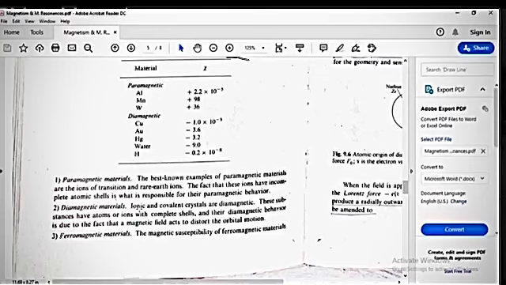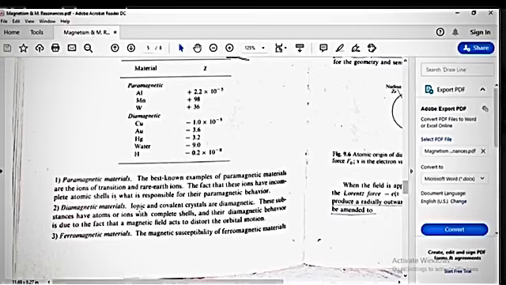So we see that in paramagnetic materials there are unpaired electrons in the atomic shells, whereas in diamagnetic materials the electrons are paired up, and the magnetism of one electron is cancelled by the magnetism of the other electron because of opposite spin.